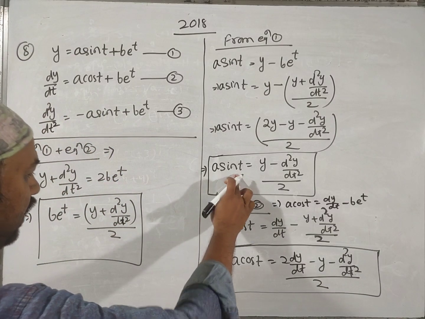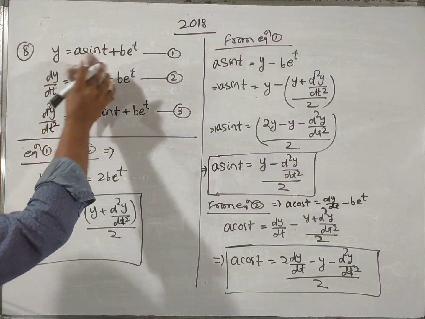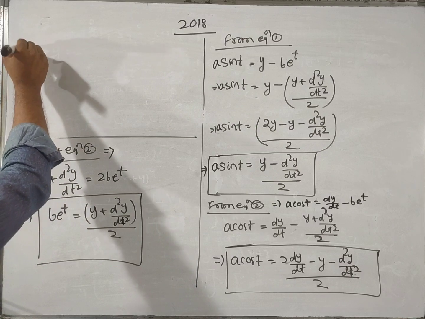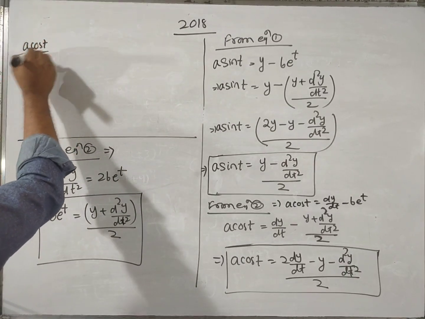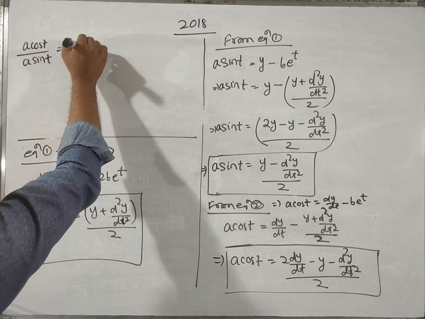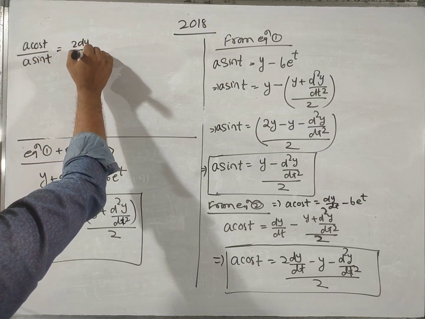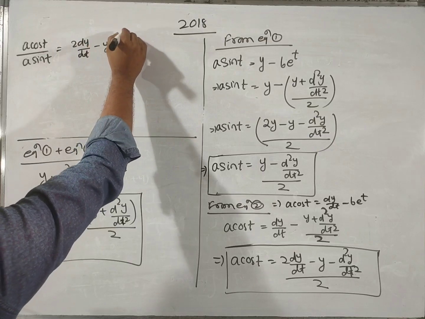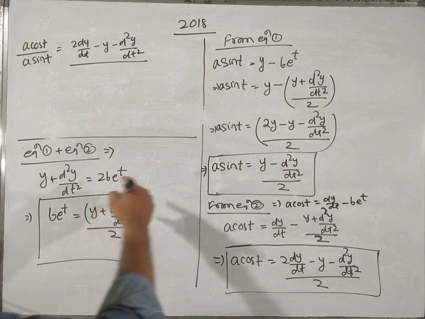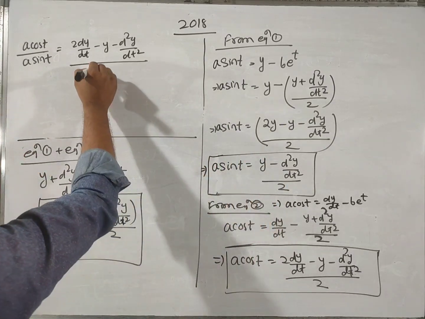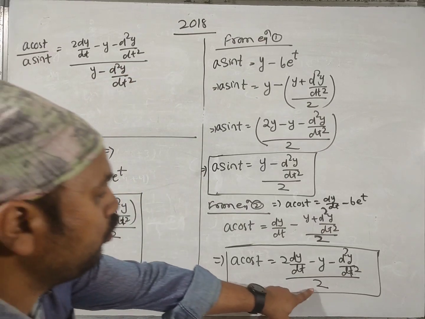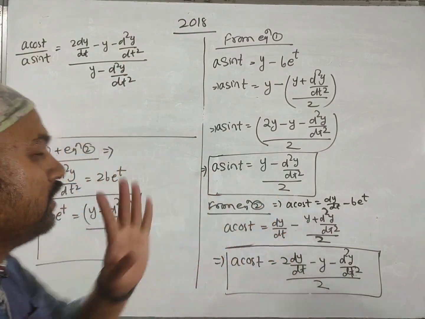After the evaluation of a sin t and a cos t, now we have a cos t divided by a sin t. It will be 2 dy upon dt minus y minus d square y upon dt square whole divided by, this will be y minus d square y upon dt square. Both of the 2's in the denominator got cancelled with each other.